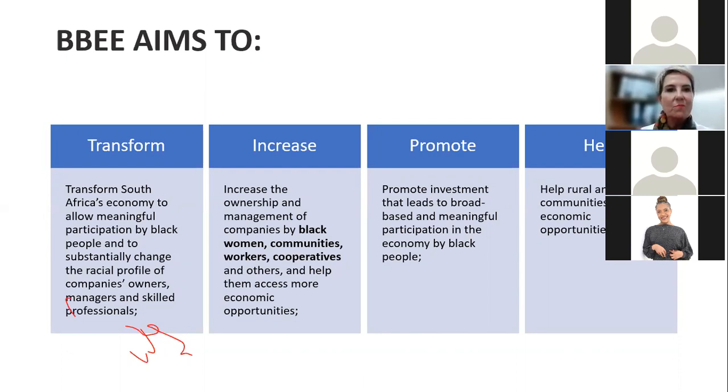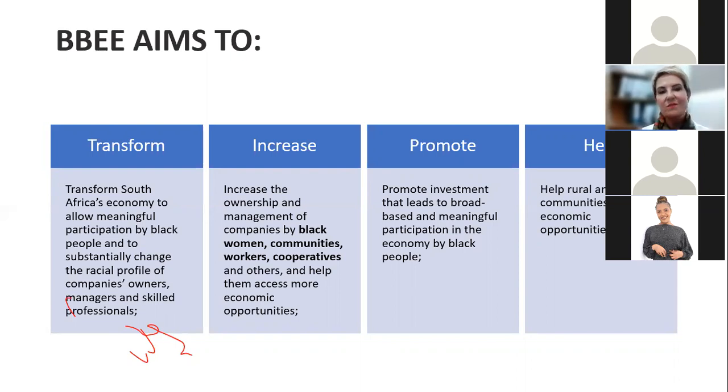So when we talk about the language of BBBEE, when we talk about Black South Africans, it includes the African, the Indian, the Coloured, and also the Chinese population that was born prior to 1994 in South Africa. And then, of course, BBBEE aims to promote opportunity for Black people to participate in all the economy of South Africa.